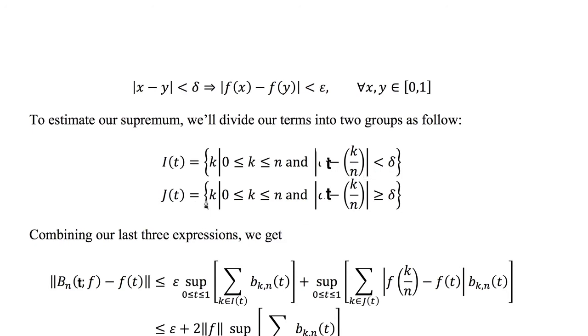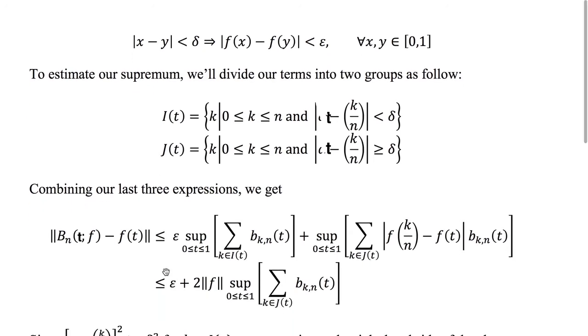And the second part is the integers k between 0 and n such that the absolute value of t minus k over n is greater than or equal to delta. And therefore, the union of these two sets will give all the integers from 0 to n. Therefore, if we have divided our integers into two parts, then we can approximate them individually.